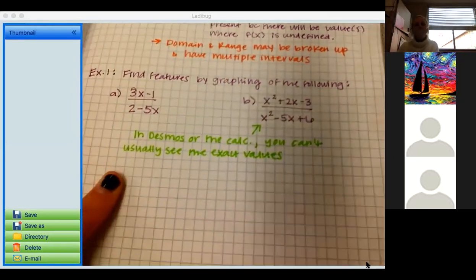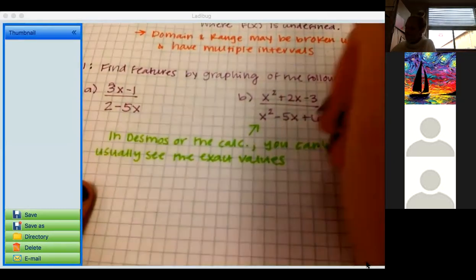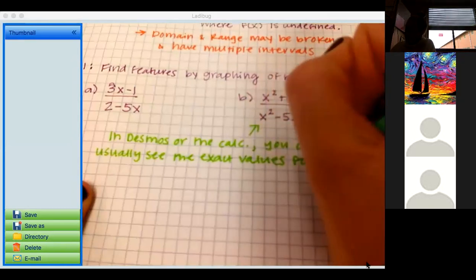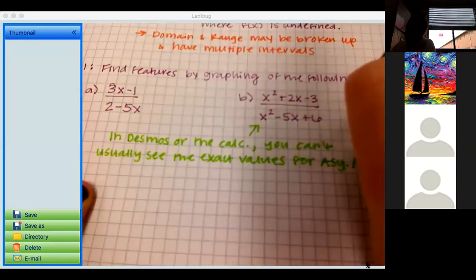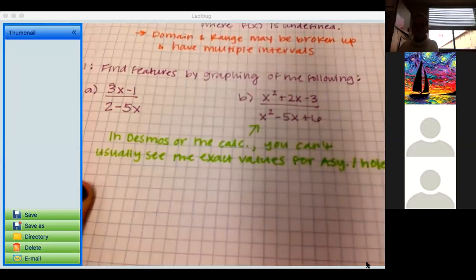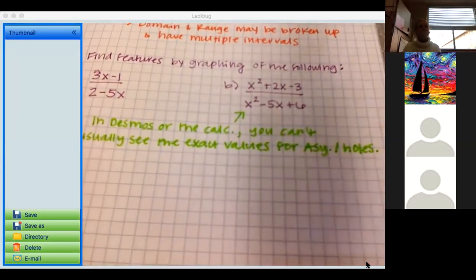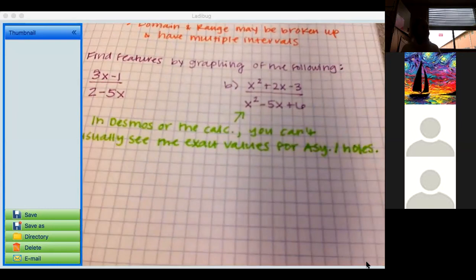In Desmos or the calculator, you can't usually see the exact values for asymptotes and holes. Meaning you guys just told me we're going to have to find them algebraically, right? Yes.